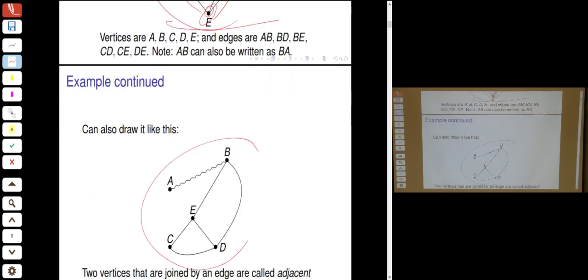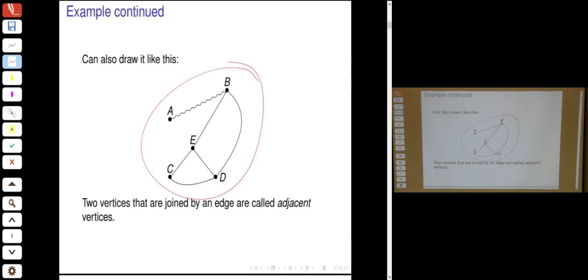It might look a little different, but essentially it's the same graph, because what we understand by a graph is the information about what the nodes of the graph are, and which pairs of vertices are connected by an edge. That's all. Okay. So the specific visual or pictorial representation doesn't matter so much.